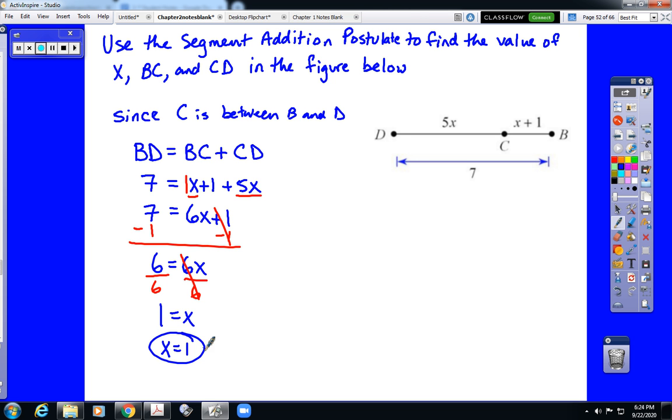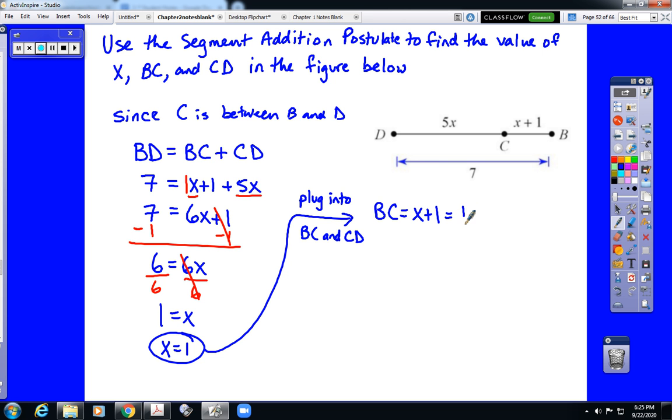We are then going to take that x and plug it in to both BC and CD. So BC is x plus 1 units, meaning 1 plus 1 units, or 2 units. CD is 5x units, or 5 times 1, which would be 5 units.